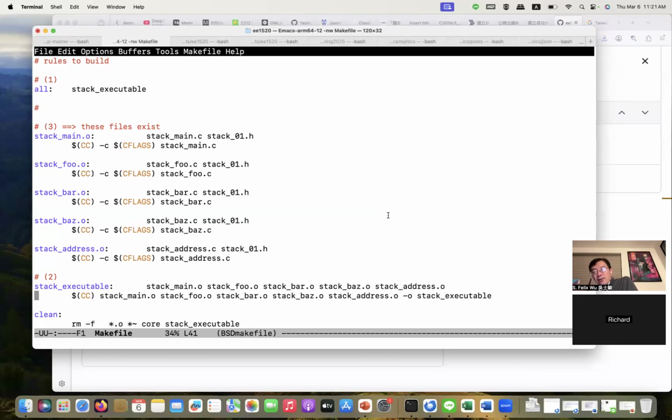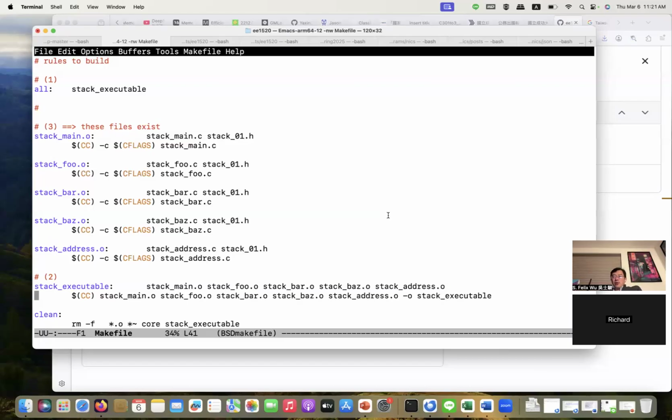How do I know that this bunch of rules put together is actually going to solve the problem of building an executable? And since I have a bunch of rules, how will the system trigger which rule at what time? So that's question number one.